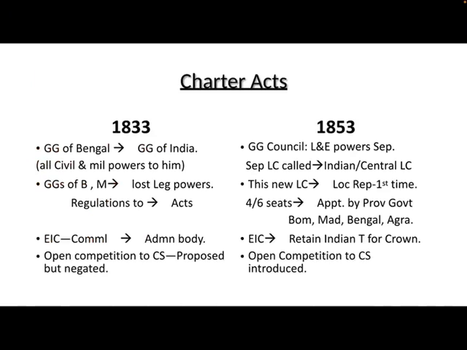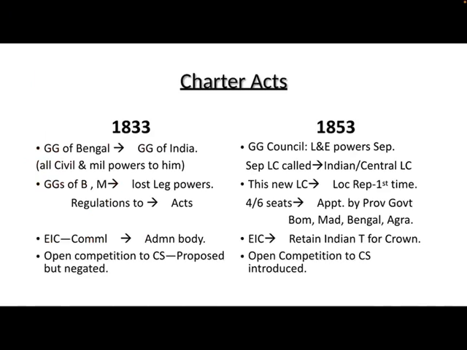So first, the 1833 Charter Act tells about the Governor General. So we will see what happened to the Governor General in 1853. In 1853, nothing is happening to him; it seems he is getting more powers. His council became vast, so he separated legislative and executive powers.